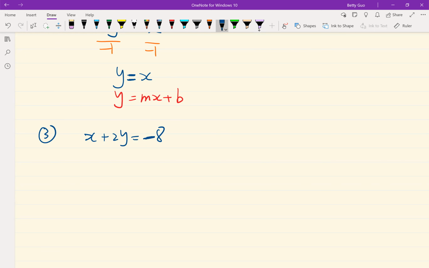With the negative sign in front of it, it's negative half times x. And bring down this term. 8 over 2 is 4, right? So it's minus 4. You see that?